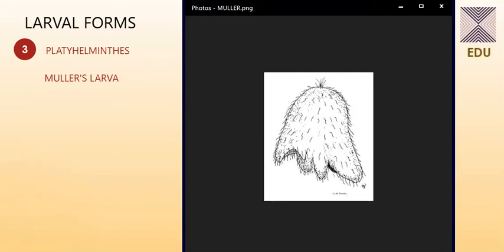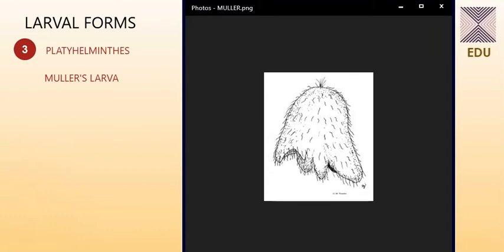So actually these are the free living marine flatworms. If I talk about these free living marine flatworms or Polycladida group of the Platyhelminthes, these have the Müller's larva. Now if I talk about the structure of this Müller's larva, it has 8-fold symmetry, and it's somewhat like the ctenophores.